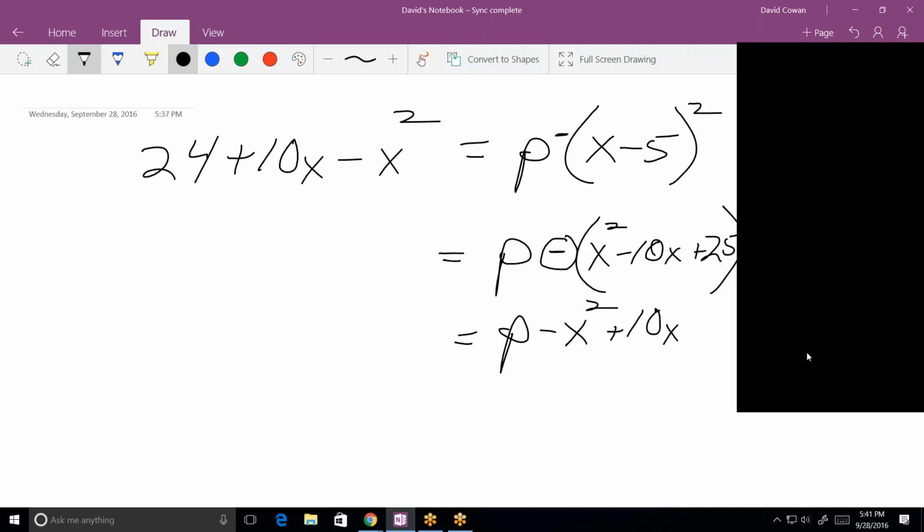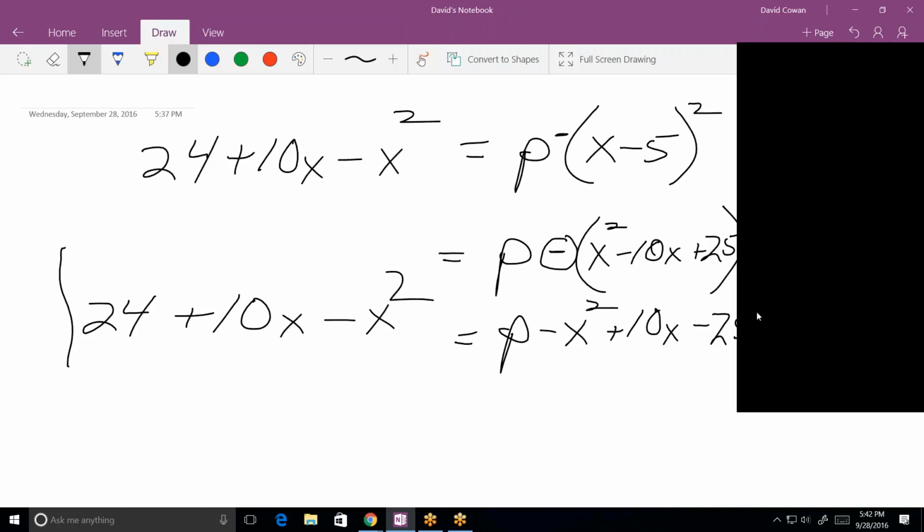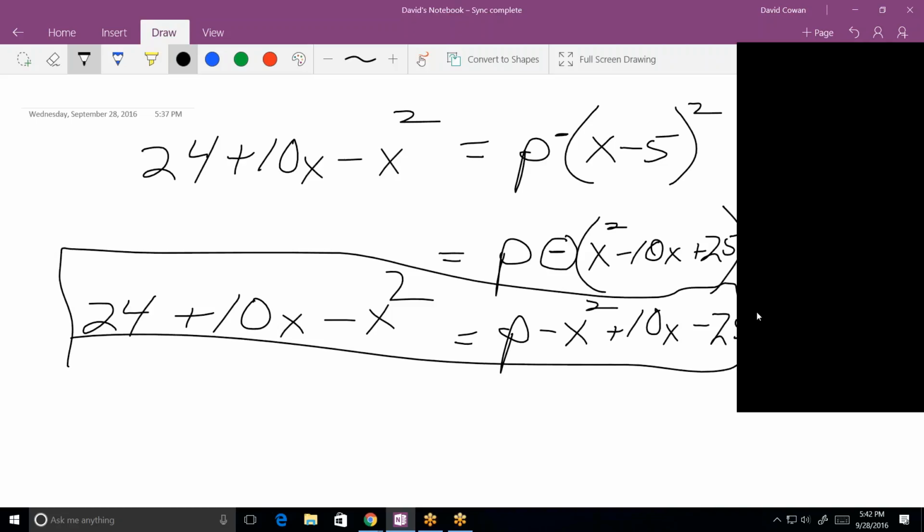Yes. Okay. Now, if I go ahead and put the left side on this equation, which nothing's changed over there, this is what I'm looking at. And I want to solve for p. So I want to end up with p all by itself. So I got to get rid of everything else.